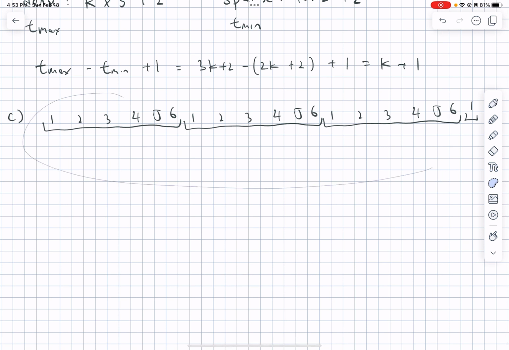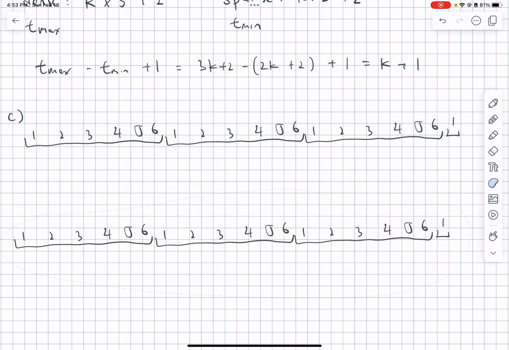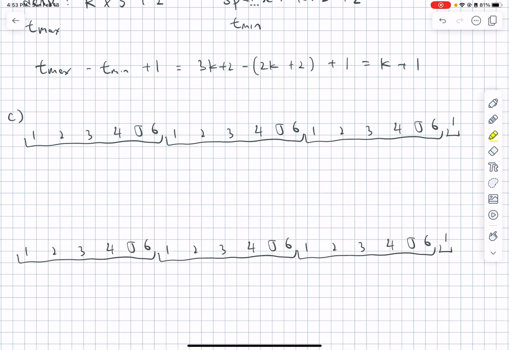So suppose we want this to be as densely seated as possible. That means we're going to have 1, 3, 5, 1, 3, 5, 1, 3, 5. We can't highlight the last 1 because, again, it's adjacent to the very first element. So how many people are going to be seated here? There's going to be 9 people.